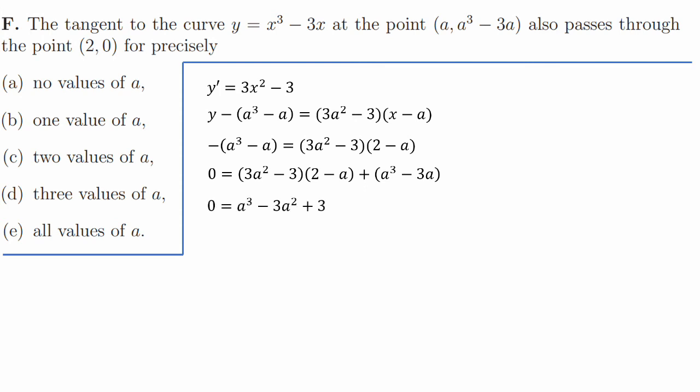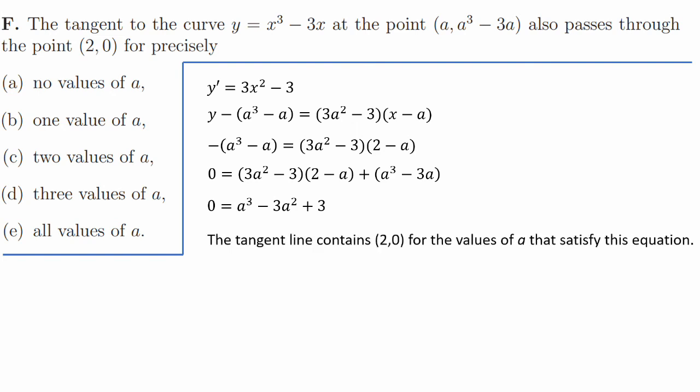Simplifying this and reducing it into its standard form, we get 0 is equal to a cubed minus 3a squared plus 3.